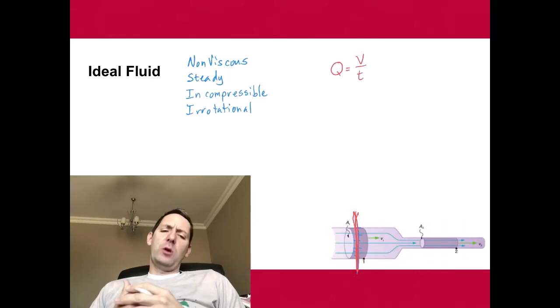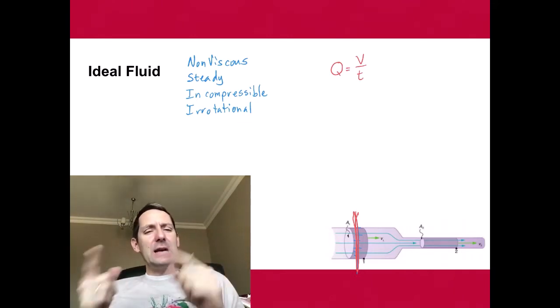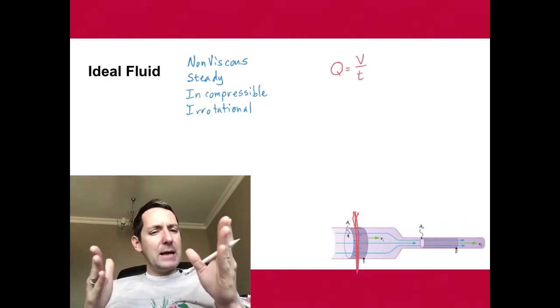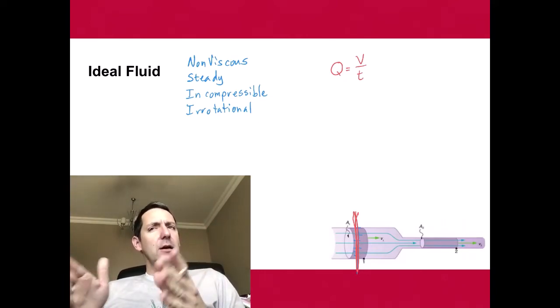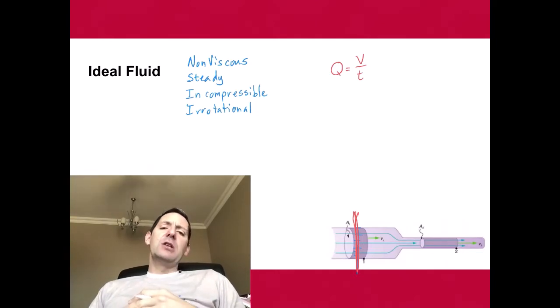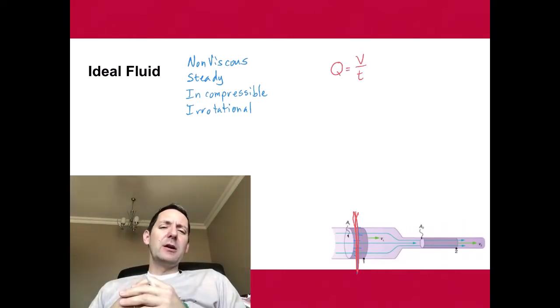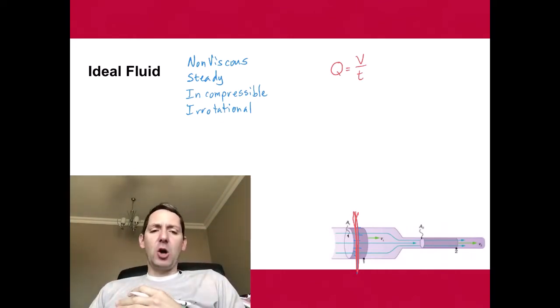Now, really what should always be constant is something called the mass flow rate, but if it's incompressible, meaning that the density doesn't change, then if the mass stays constant and the density stays constant, then the volume must also be constant, all right? And so we are going to mostly focus on volumetric flow rate, though understand that the real principle here is that the mass flow rate must be constant. We're just trying to simplify things and really get you introduced to the idea of fluids.